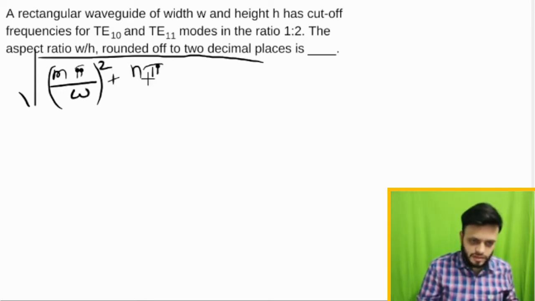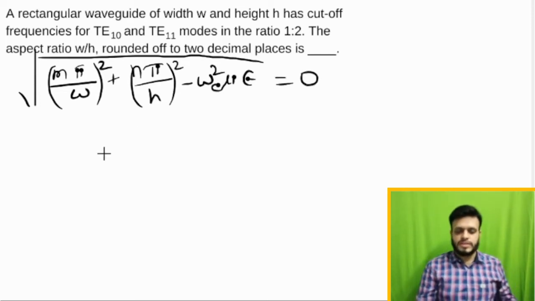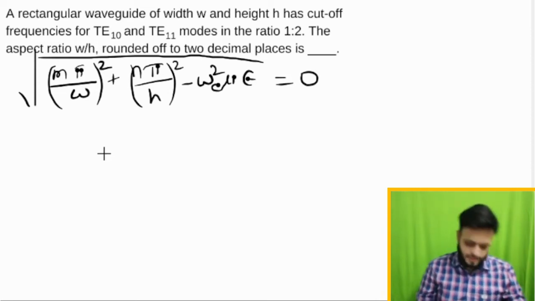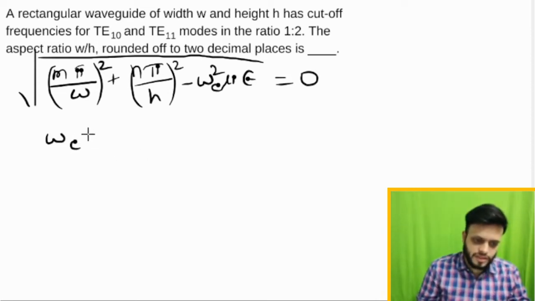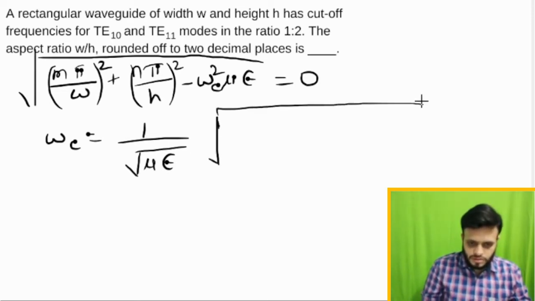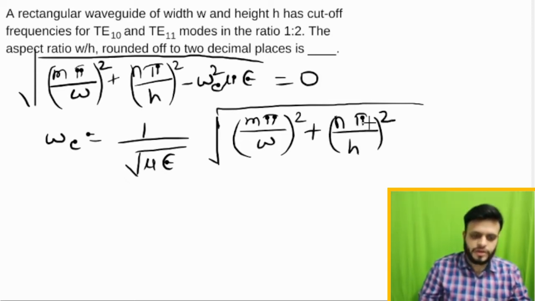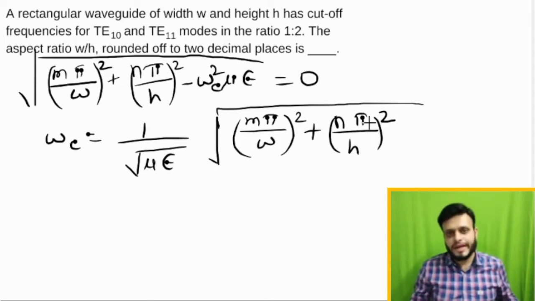So by solving this, we get the cutoff frequency omega c as 1 over square root of mu epsilon into square root of (m pi by w) square plus (n pi by h) square. So this is the value of your cutoff frequency.